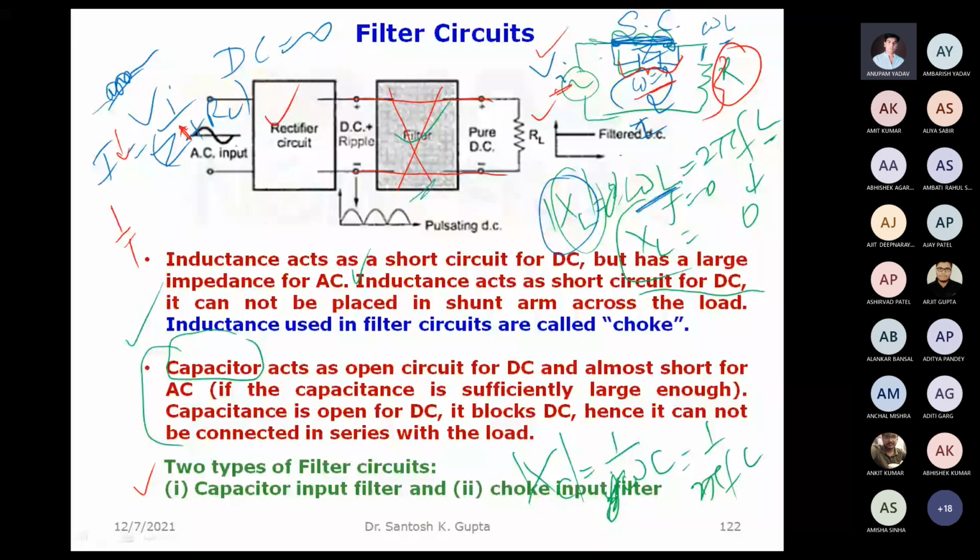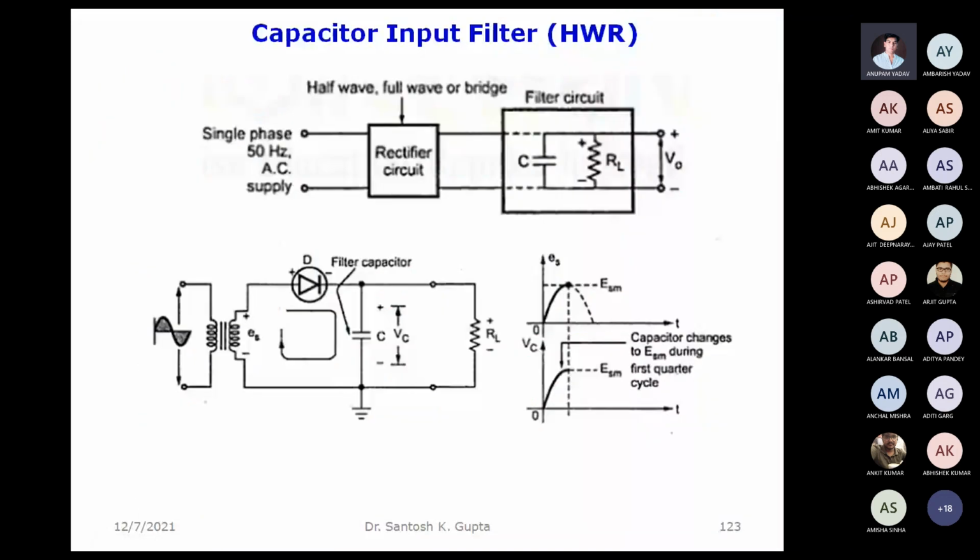Actually it becomes ambiguous after this because both have the short form of CIF, capacitor input filter or choke input filter.